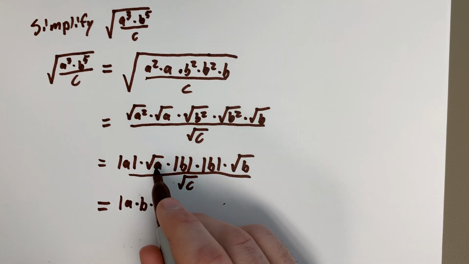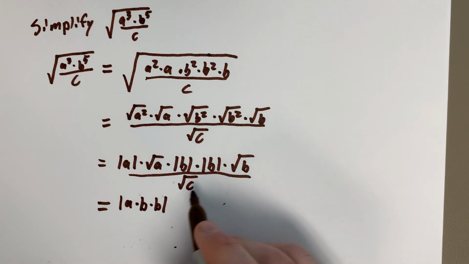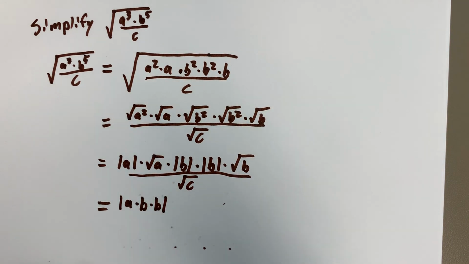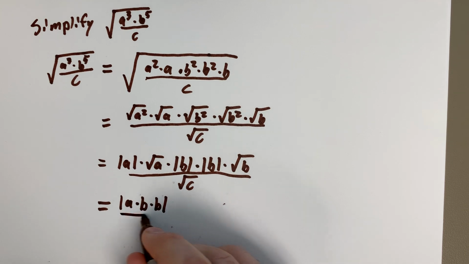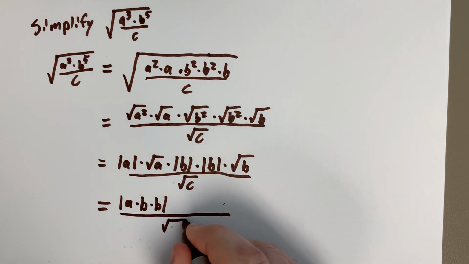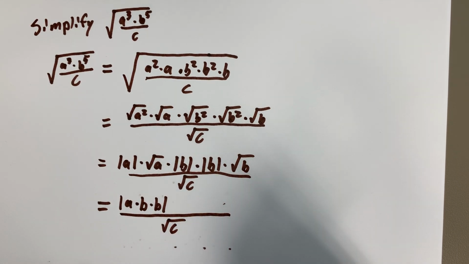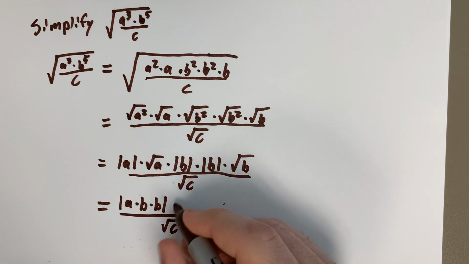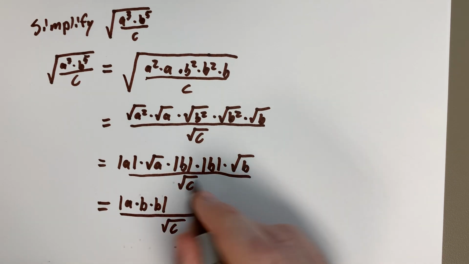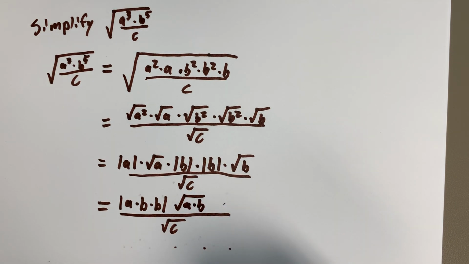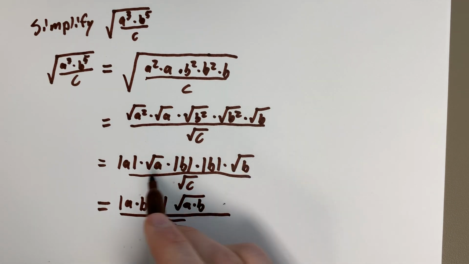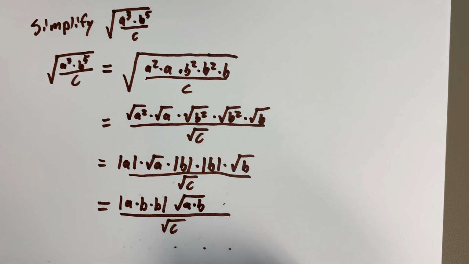And similarly, I have a square root of a and a square root of b and a square root of c. So how is this going to work out? I'll just keep the square root of c for now on the denominator. I have square root of a, square root of b multiplied, so they absorb into one radical. You have the same power, so it becomes a power of the 2 things in the inside of each. This gives us square root of a times b. Okay, all I did was combine these 2 things under one roof.